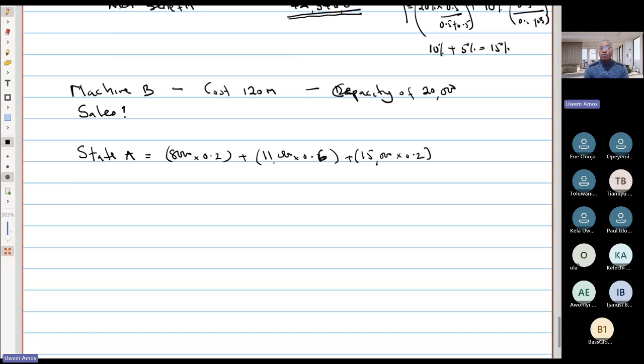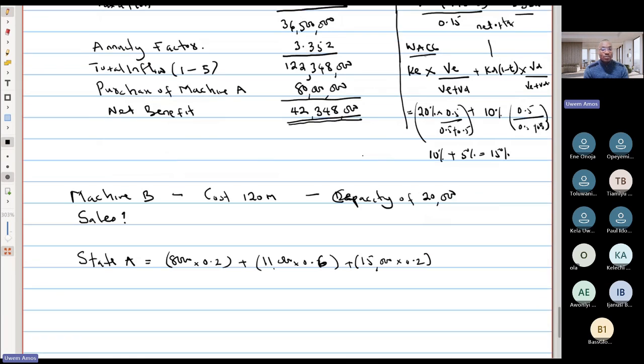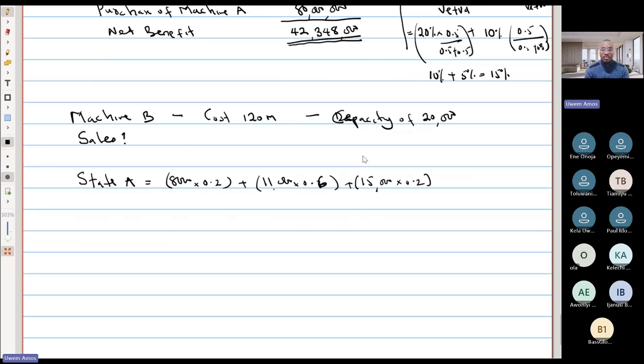Okay, so we've already done 8,000 and 11,000. It doesn't change from the one we did before, which were 1,600 and 6,600. So that doesn't change. But the 15,000 changes, because in machine A we used 12,000 because 12,000 was the lower one.